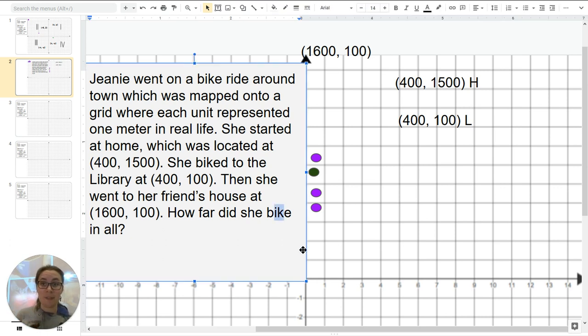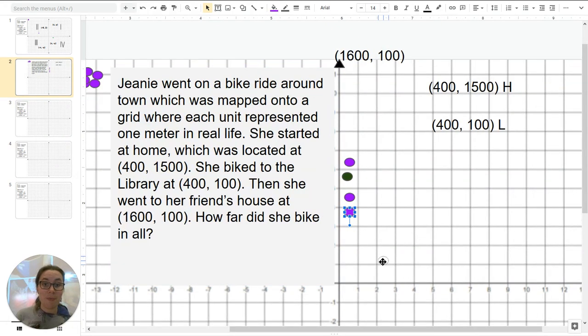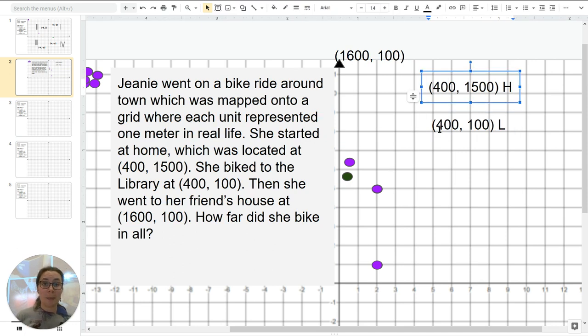Just like if I have a point at 2, 1, and then another point at 2, 5, you can tell they're exactly on top of each other, and their x-coordinate is both 2. So we know that these 2 points are right on top of each other.